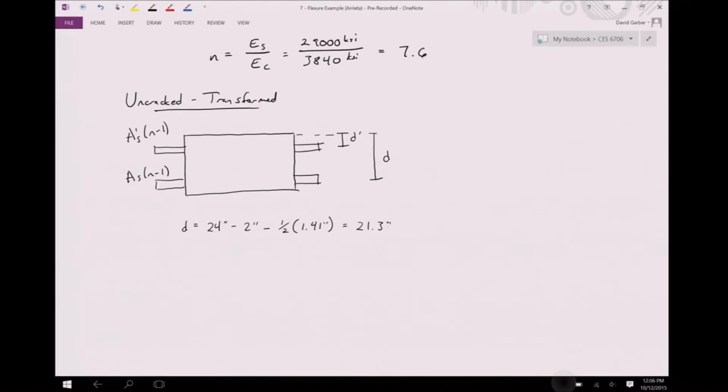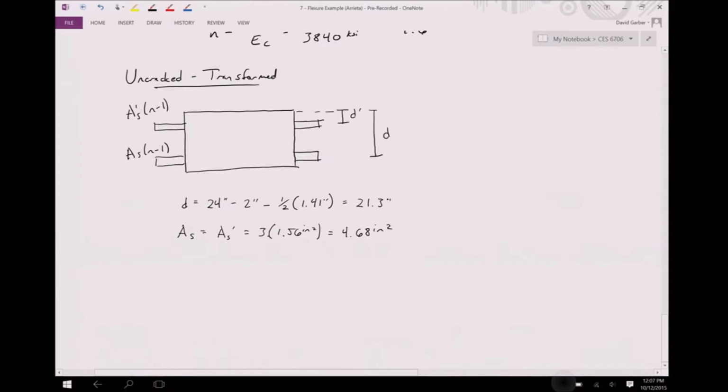So first we'll find our area of the steel. So AS equal to AS prime is 3 times 1.56, and this will be 4.68 square inches.